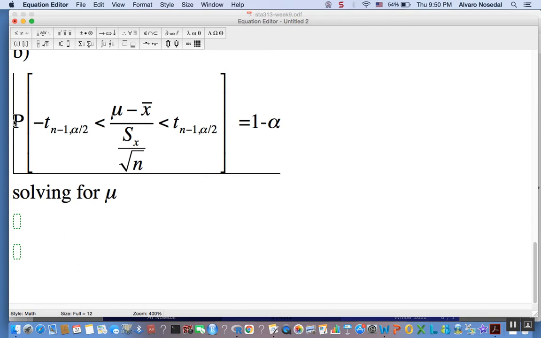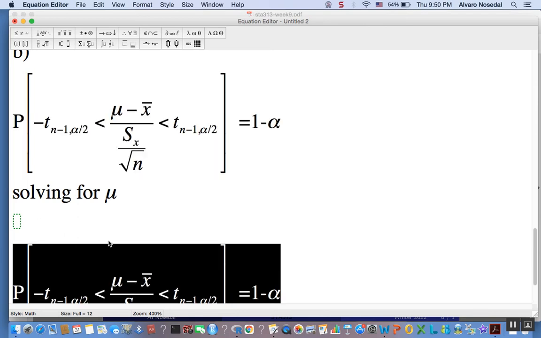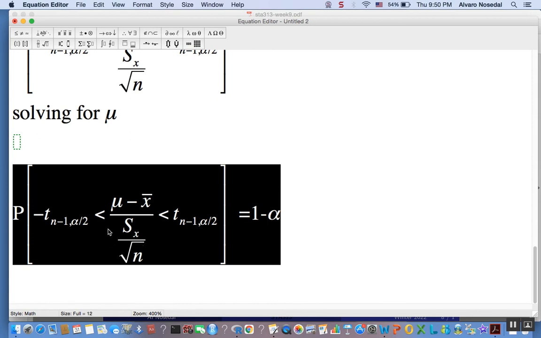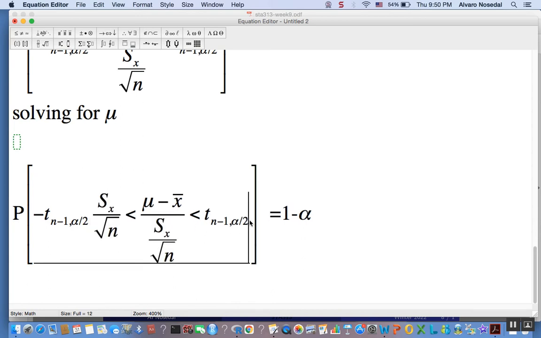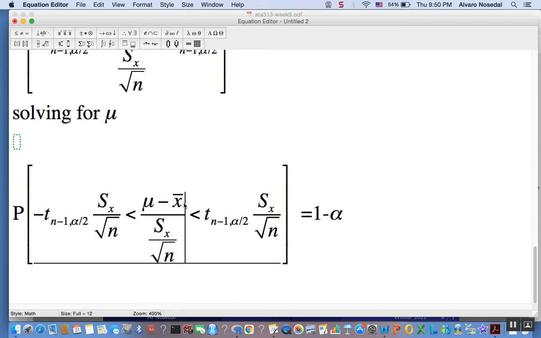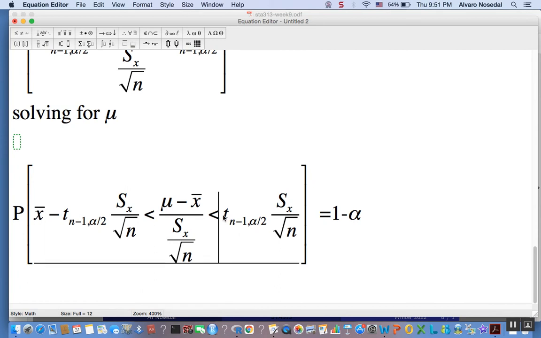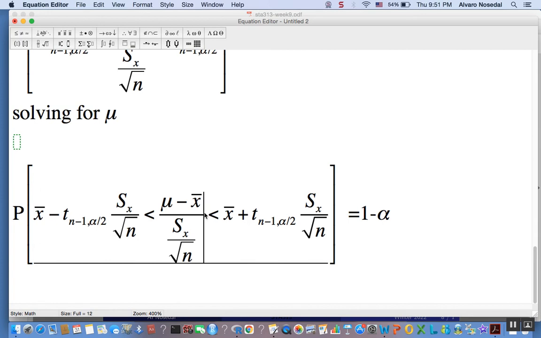Okay, so we multiply by this one, we add an x bar, and that's it.